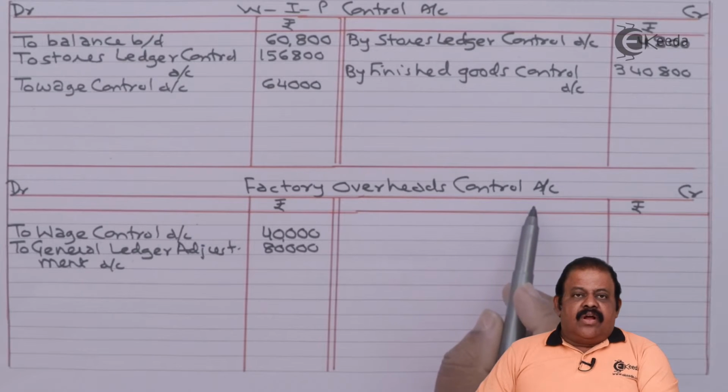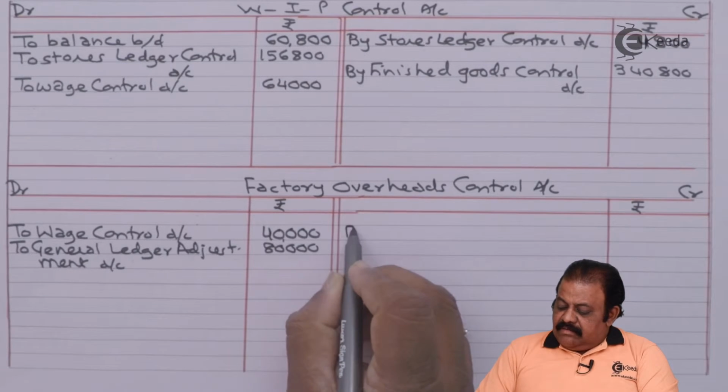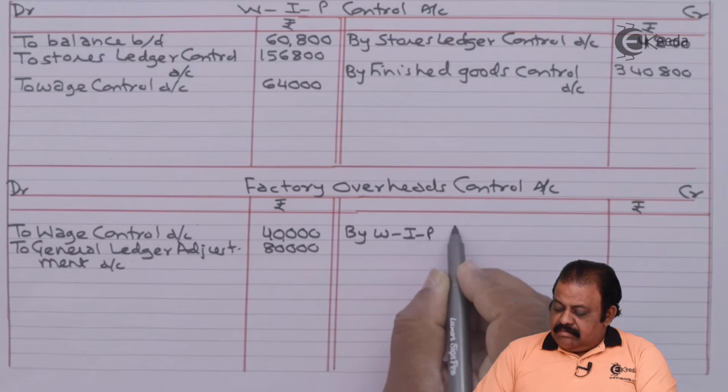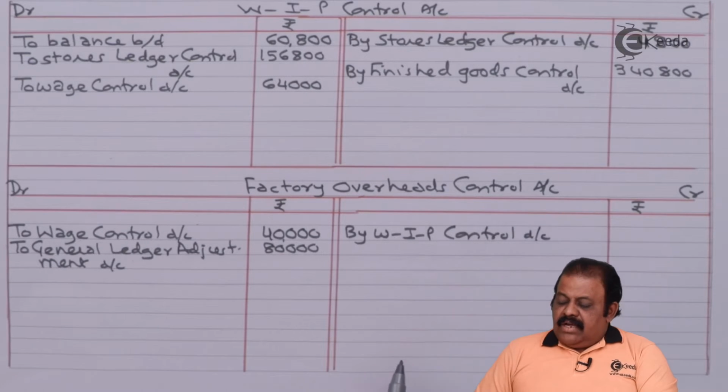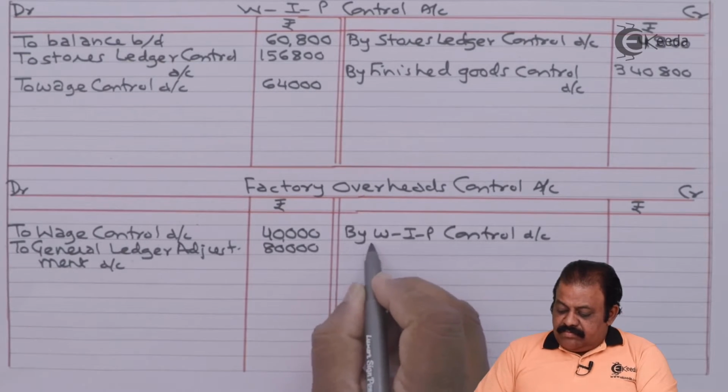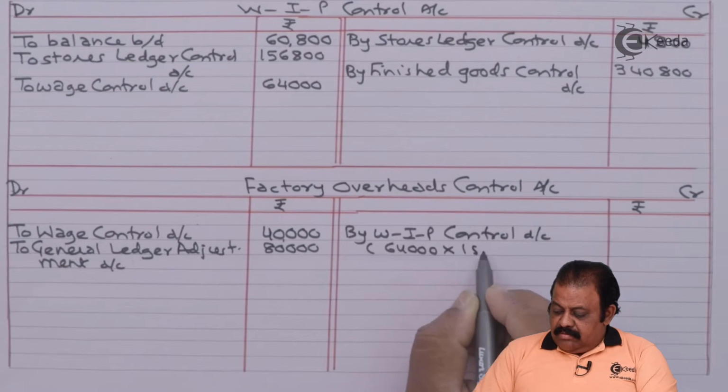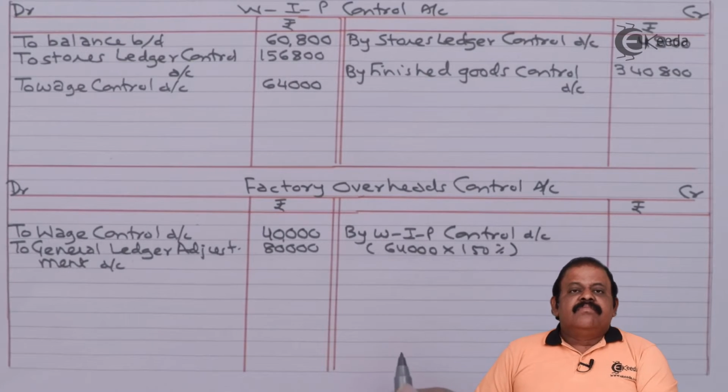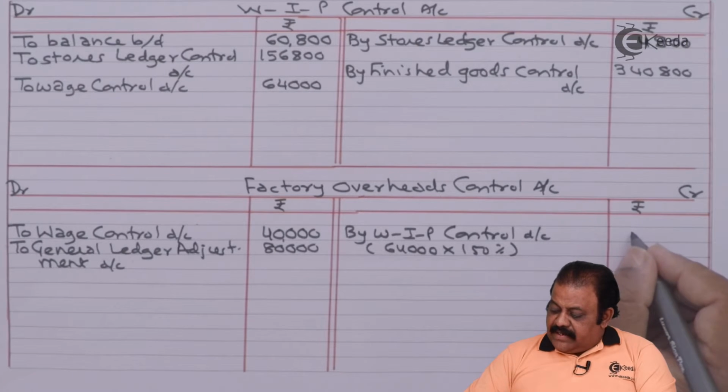Factory overheads control account on credit side by work in progress control account 150% of productive wages 64,000. So it comes to 96,000.